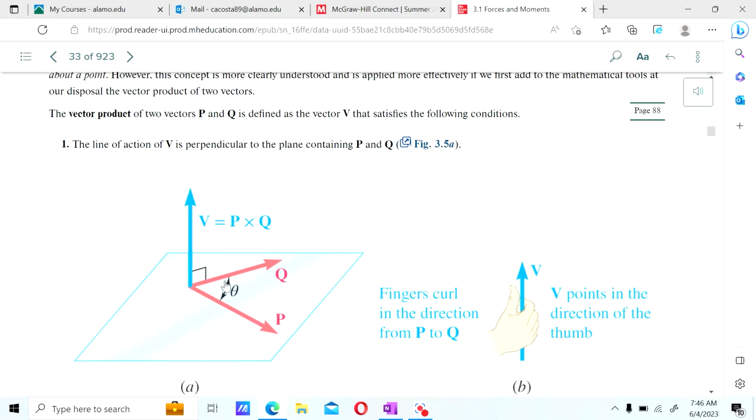That's why cement trucks rotate in a certain way when they're on the highway, because that rotation, that force, will make them move forward. So if you have a cement truck rotating the drum in the opposite direction while you move forward, you can actually make the truck tip over. Okay, so that's the cross product.